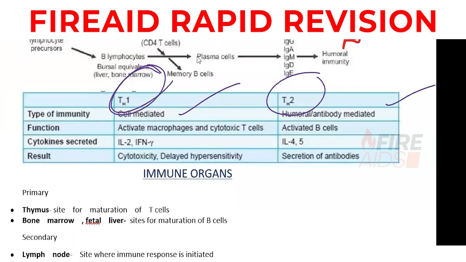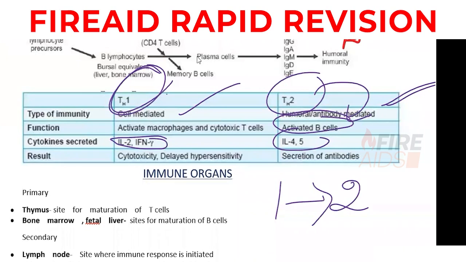Why is TH2 humoral and antibody mediated? Because its primary function is activating the B cells. Now, when TH1 is activated, it secretes cytokines, which are interleukin 2 and interferon gamma, whereas TH2 secretes interleukin 4 and 5.